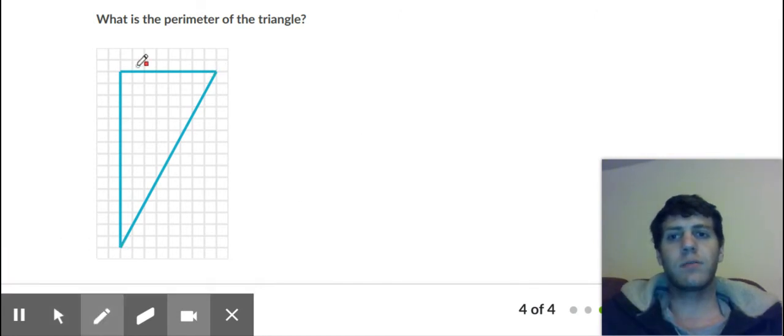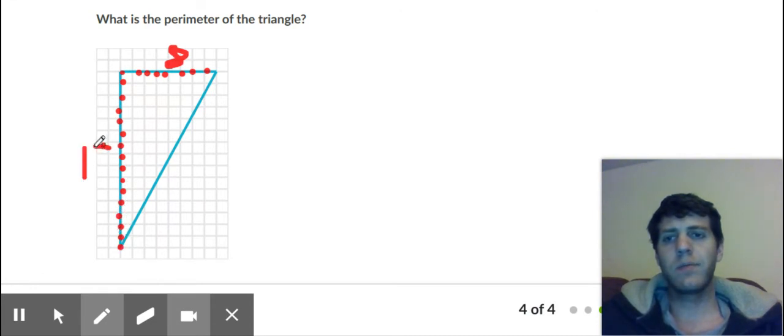So here we have a right triangle, so we can count. So 1, 2, 3, 4, 5, 6, 7, 8 is here, and then 1, 2, 3, 4, 5, 6, 7, 8, 9, 10, 11, 12, 13, 14, 15. All right. This would be our right angle, so you have 8 and 15.